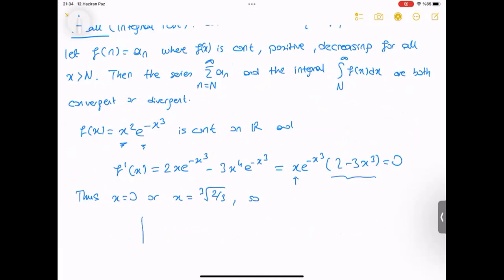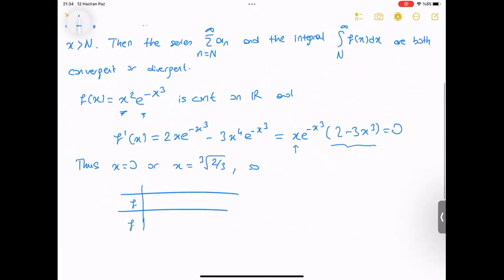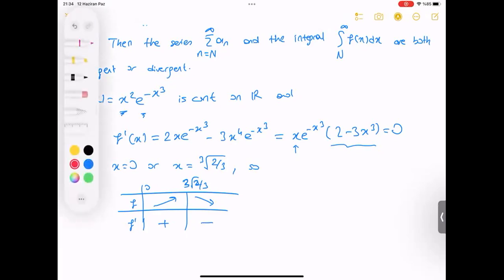So what do we have? We have f prime, and the roots are 0 and this one. So it's increasing and then decreasing. Just take any point from each interval and compute the sign of the values of the derivative.